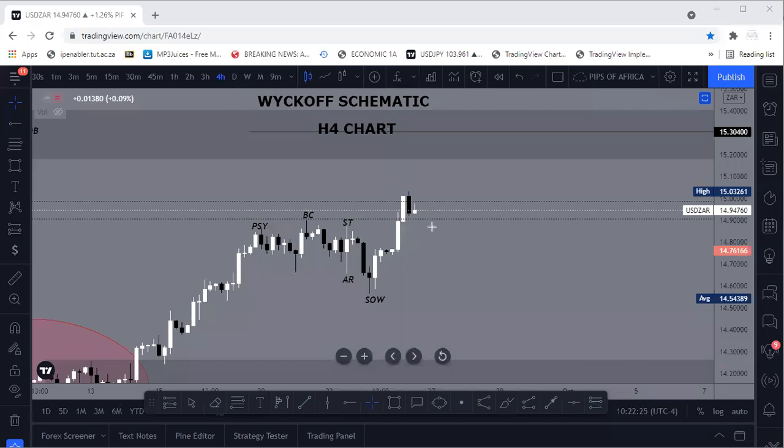So the price, yes, it can go above a little bit and then push down like this, and then push up aggressively, right?